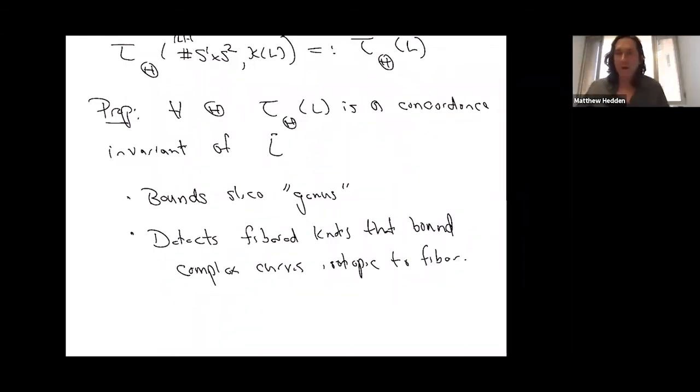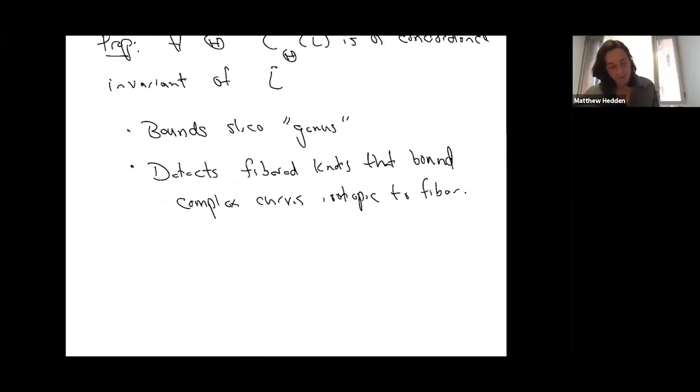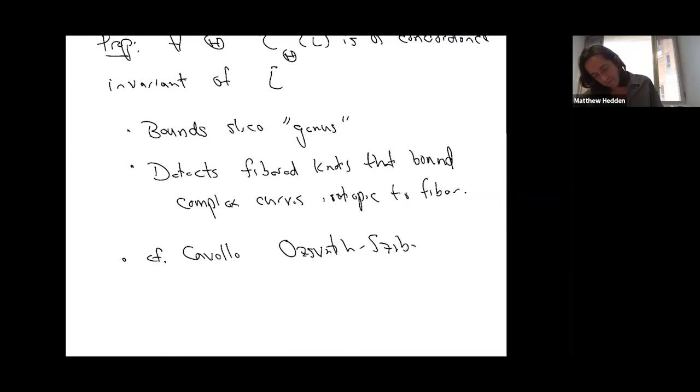It has a number of other properties in line with many of the properties that we understand for tau of knots in the 3-sphere. I should mention that many of these properties have been explored for, on the face of it, different invariants by Alberto Cavallo and Ozsváth and Szabó, and Stipsicz, in the context of grid homology for knots and links.